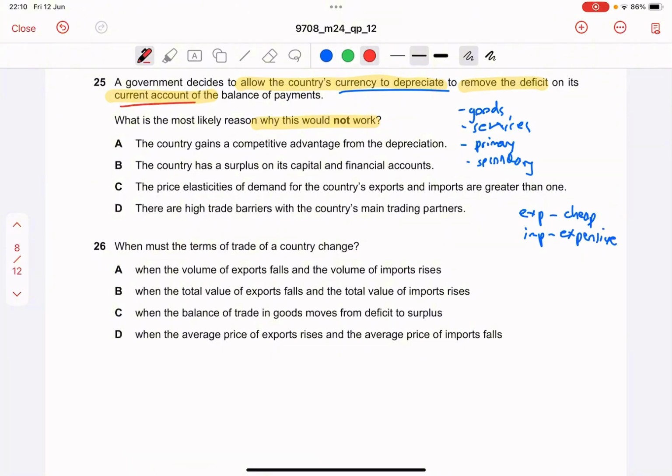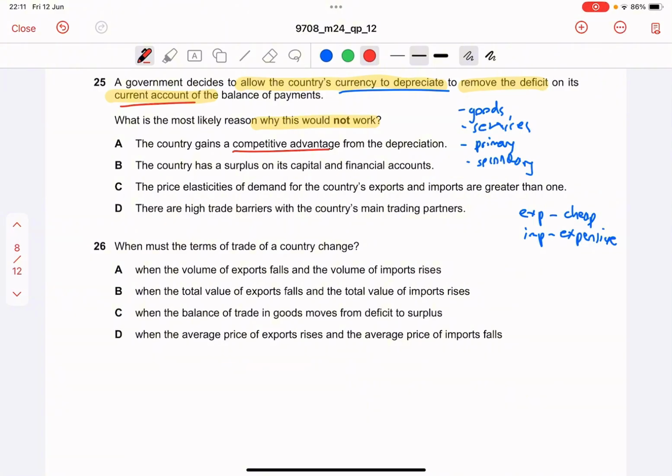All right, the first one says the country gains a competitive advantage from the depreciation. Now, yes, it might become more internationally competitive because exports are cheaper, but it says competitive advantage. I don't think there is a competitive advantage. There is only absolute advantage and comparative advantage in free trade.